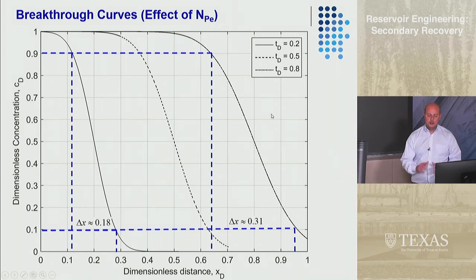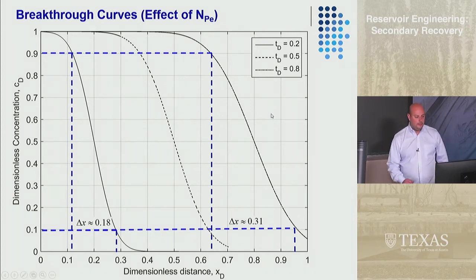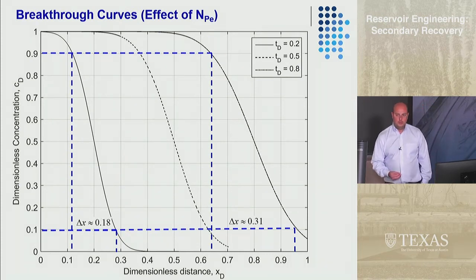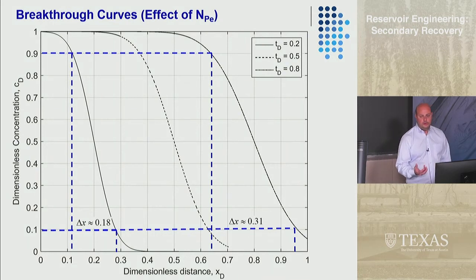There's more spreading out, and we can quantify that. I drew these blue lines here. When the concentration is 0.9, the distance is like 0.12 or 0.11. And then when C_D is 0.1, I get 0.29, and 0.29 minus 0.11 is 0.18. So the mixing zone is 0.18. Okay, it's 18% of the core length.